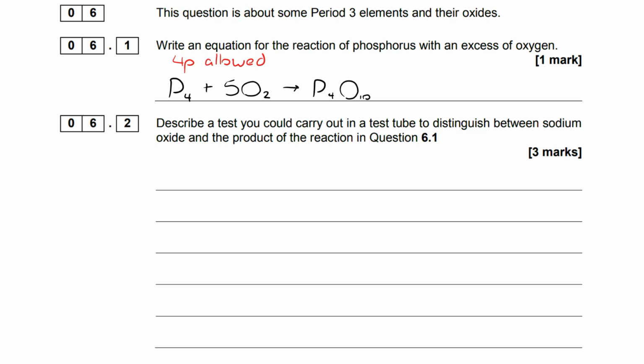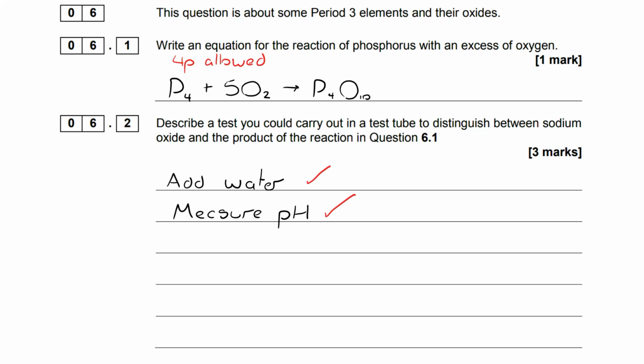So then we're looking at a test that we could use to distinguish between sodium oxide and the product of the reaction that we have here, phosphorus oxide. We're going to add water, and that's the first mark that we get. Now, after we've added the water, we're going to measure the pH.